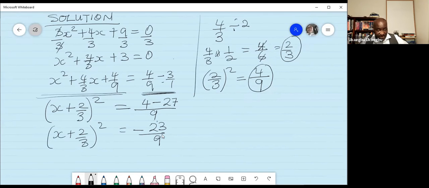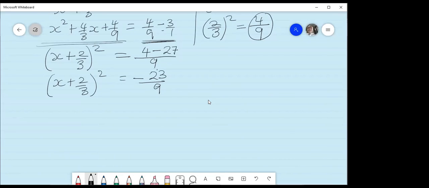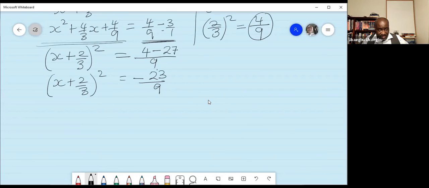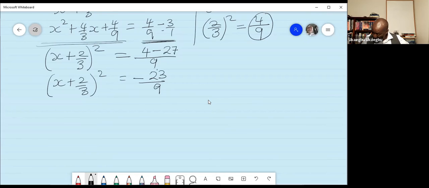Who else has an idea of how to solve this problem at this point? Richard has already helped us a lot. Okay, Jordan, go ahead. You use the radical sign on both sides. Yes, square root both sides.